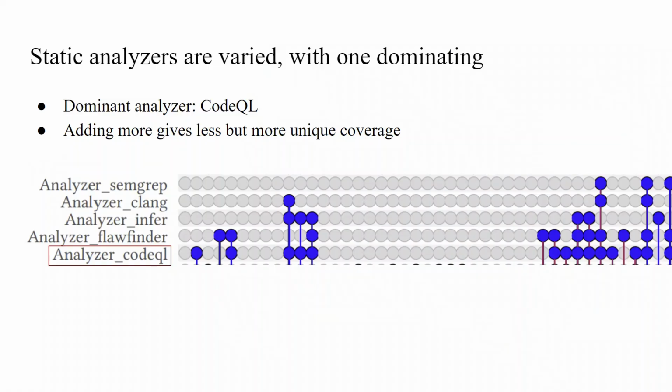So the biggest contributor here, as you can see, is the analyzer CodeQL, and the idea is that choosing your tool and the quality of the tool matters a lot more, as you can see with how much coverage it gets, and tuning it, taking care of it, making sure that it's on the right track, will get you the majority of what you want.